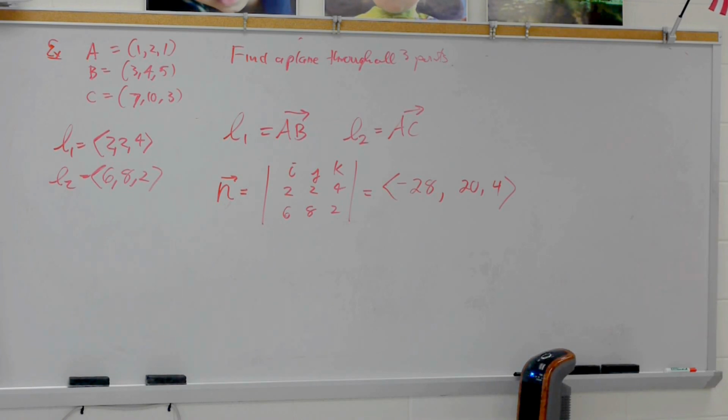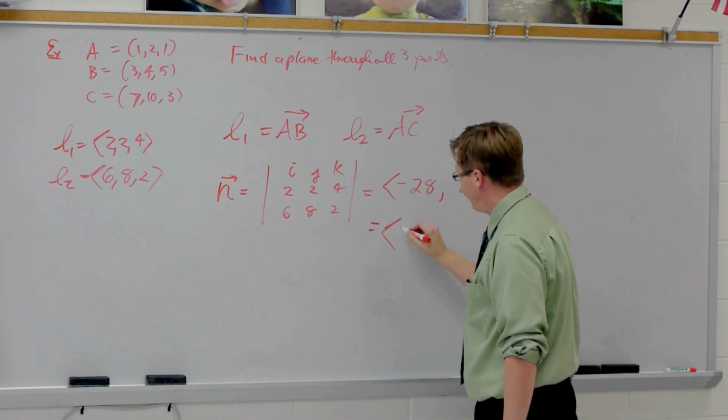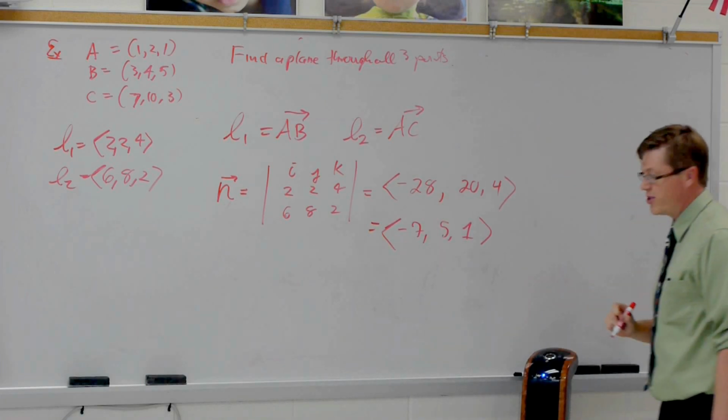So that's the normal vector. And to simplify it, I'm going to pull out a 4 because it's still the same vector, right? Same direction, just smaller numbers.